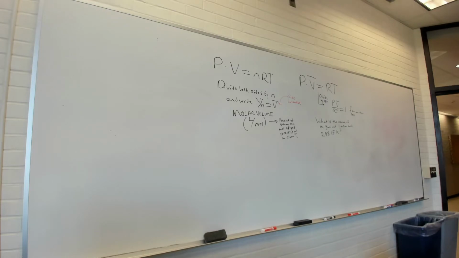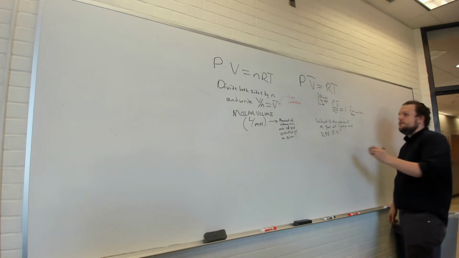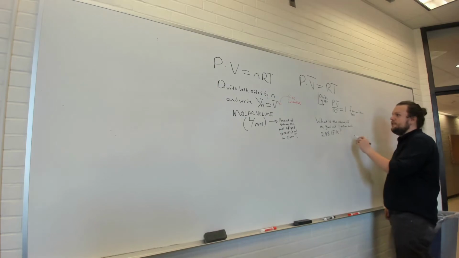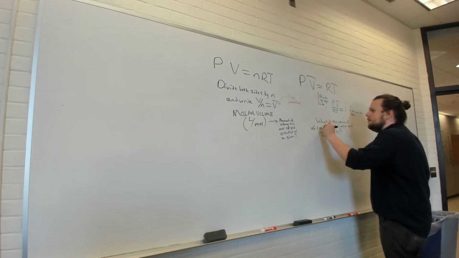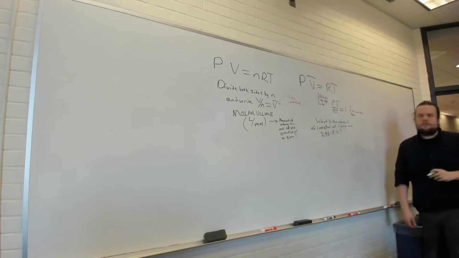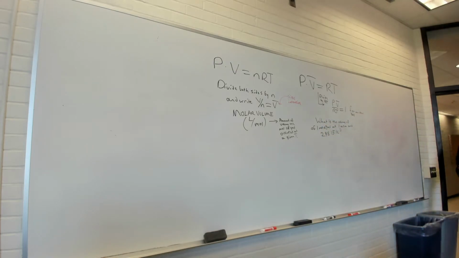Any ideas? How do we tackle this problem? Well, let's see. We have pressure, how many moles do we have? Oh, sorry. What is the volume of 1 mole of gas at 1 atmosphere, 298.15 Kelvin?